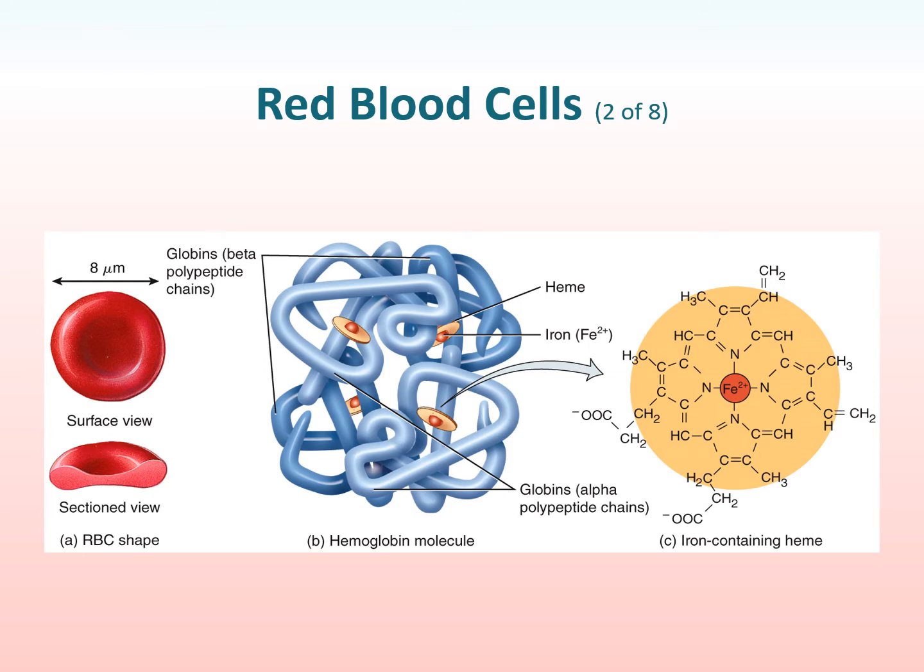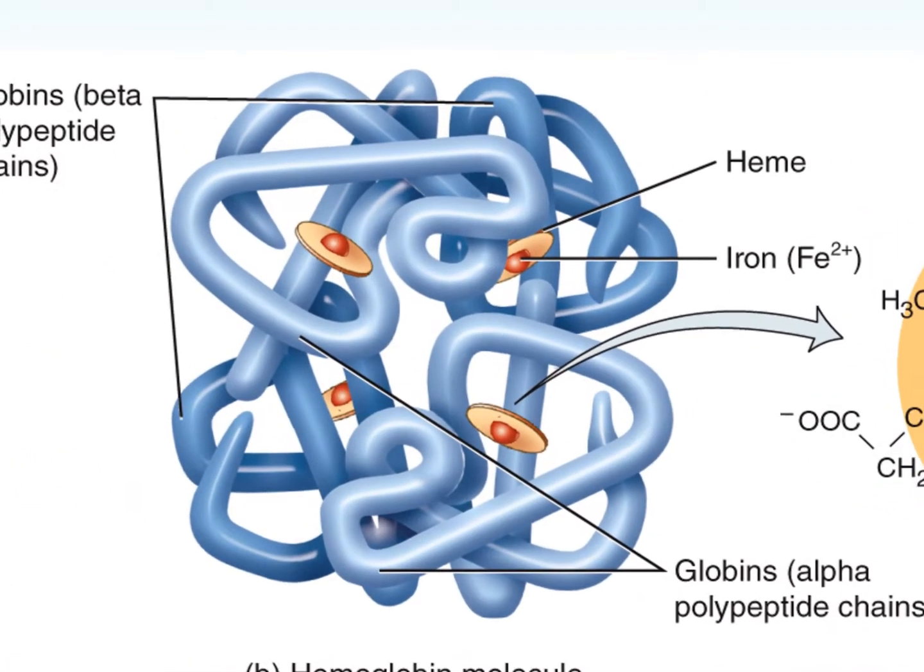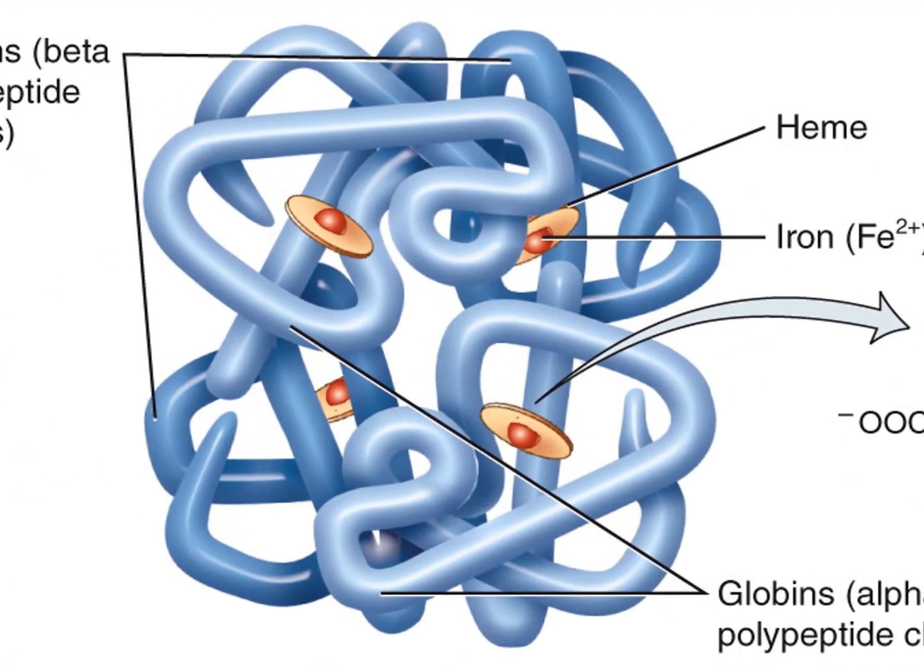This is the shape of the red blood cell if you cut it, and then the hemoglobin and the iron containing heme. Hemoglobin has 4 subunits: alpha, alpha, beta, beta, 1, 2, 1, 2.